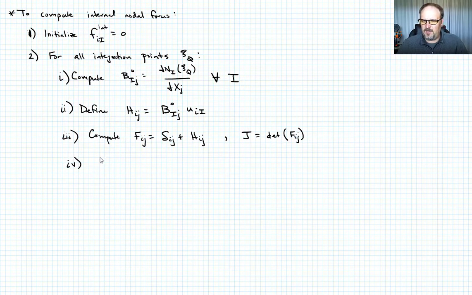Once we have these definitions, we can go ahead and compute our strain. E_ij is equal to 1/2.